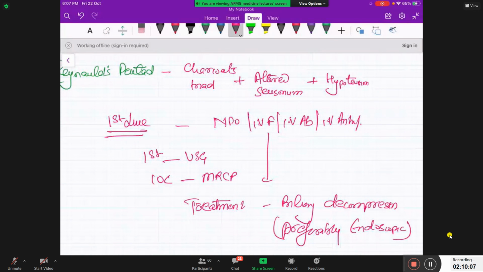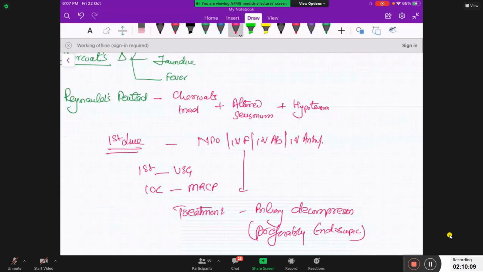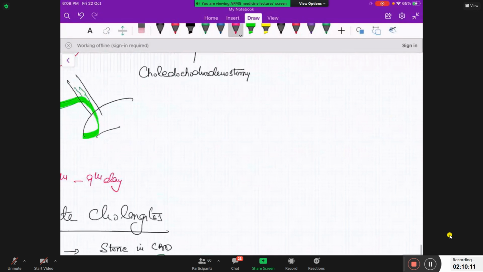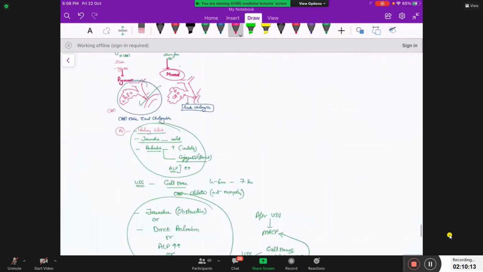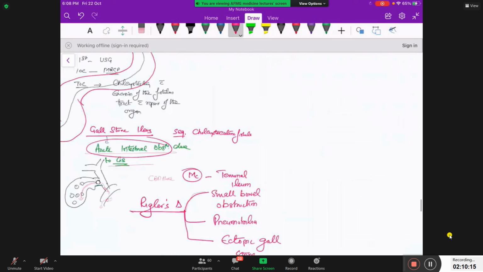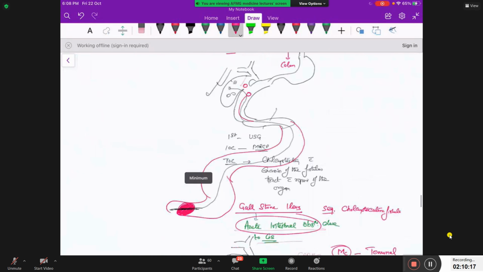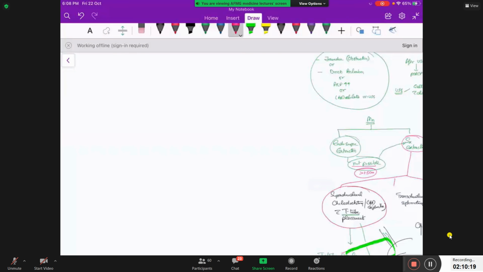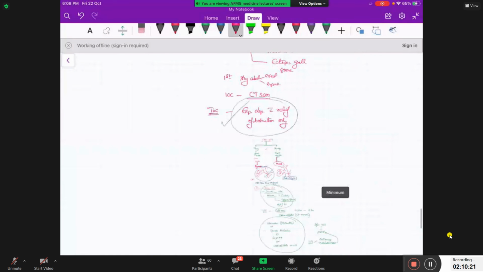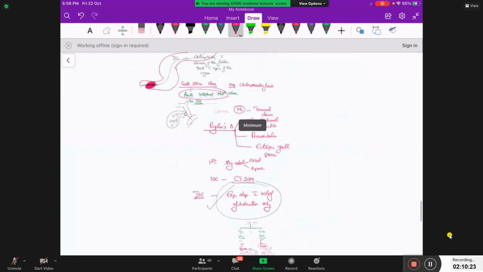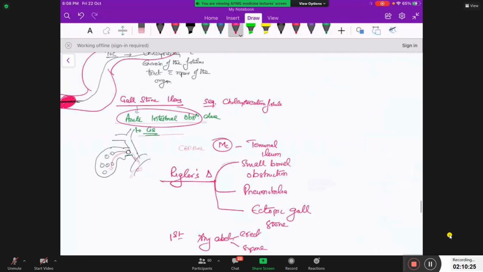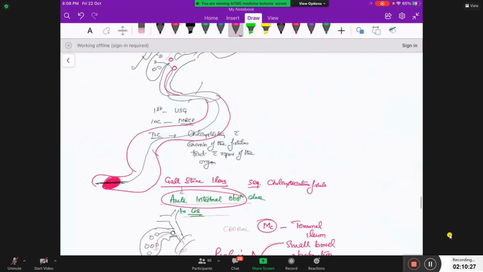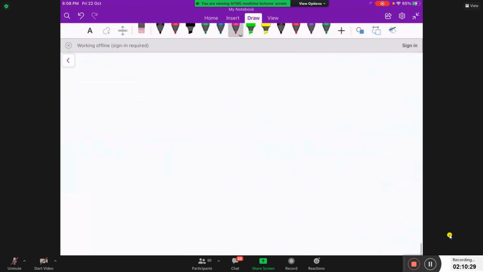Now what is happening in this? Please try to understand. This has happened here. This is a scenario in acute cholangitis.